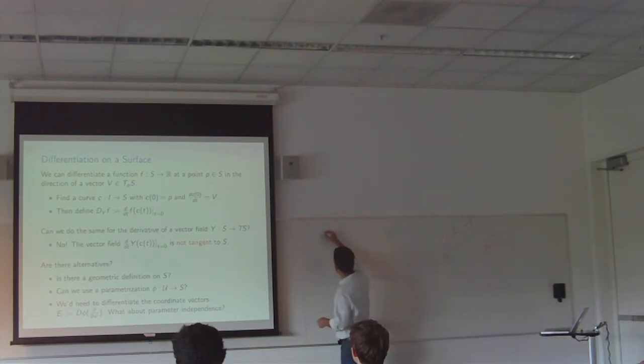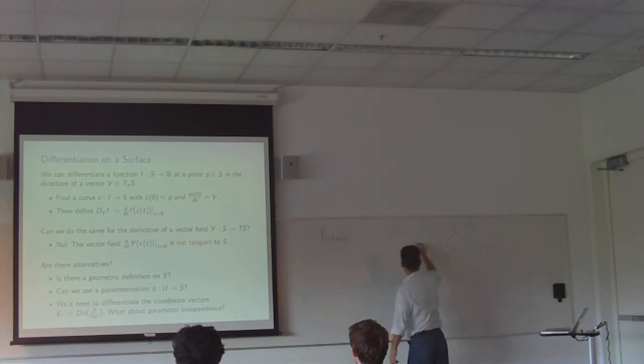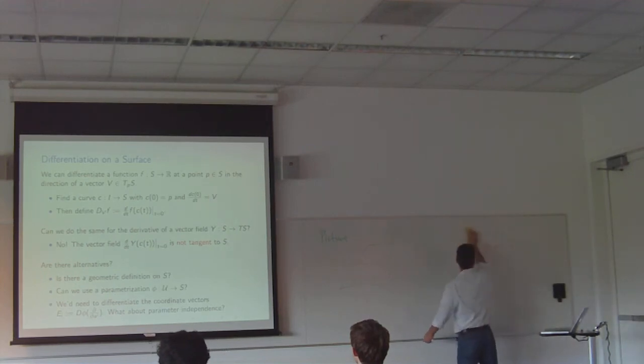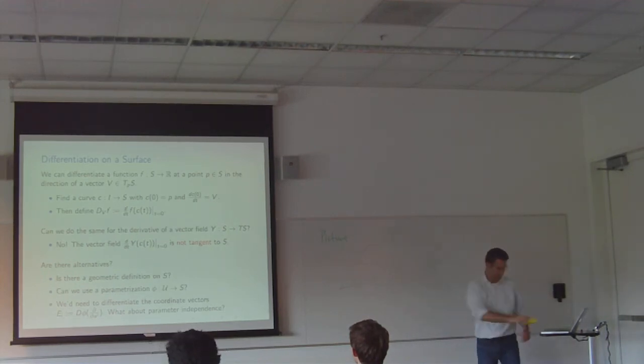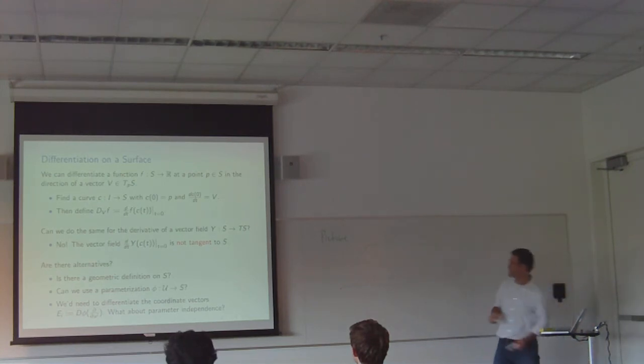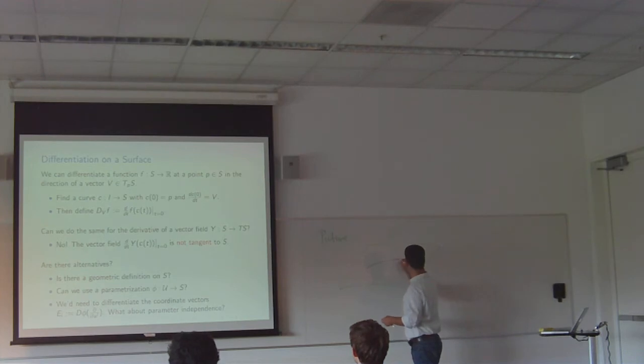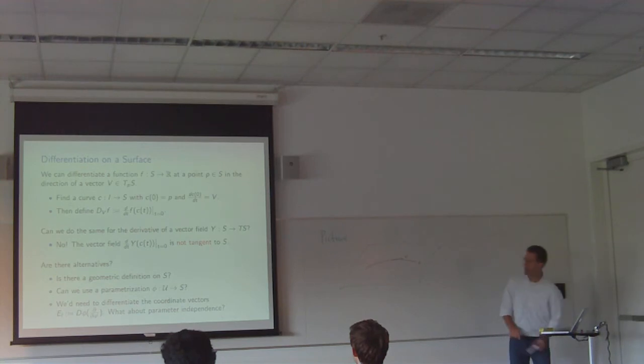Okay, so here's my best attempted picture. Here's my surface. Here's a curve in the surface, and here's the tangent vector of the surface. So this is v, and let's consider the vector field y. What does the vector field y look like?